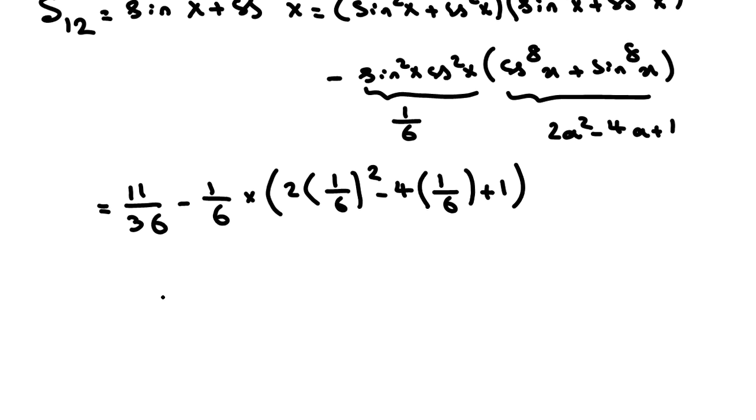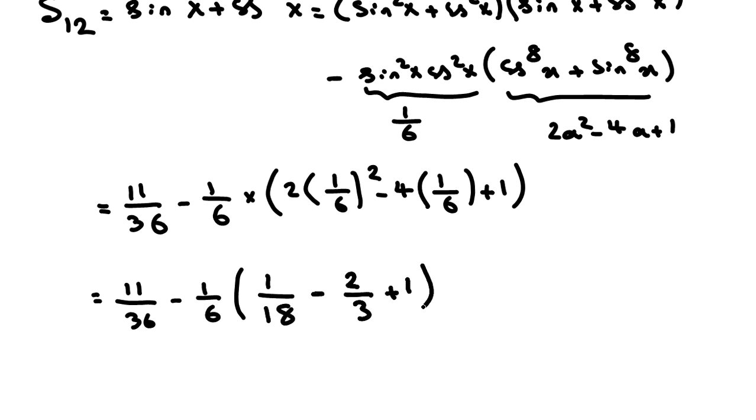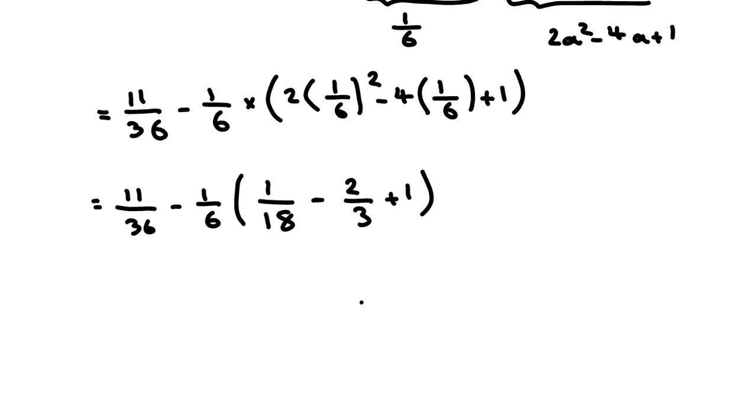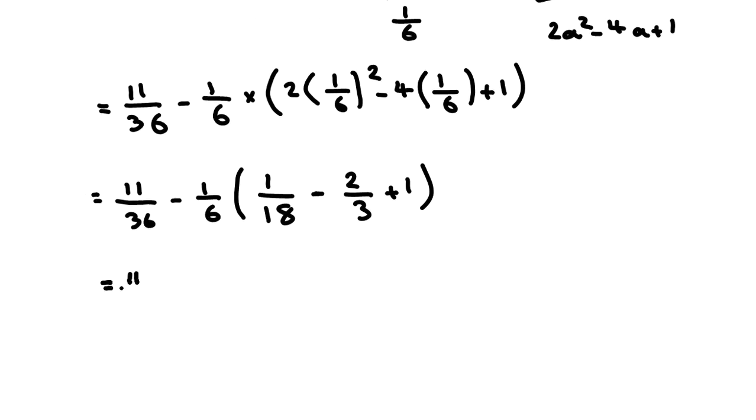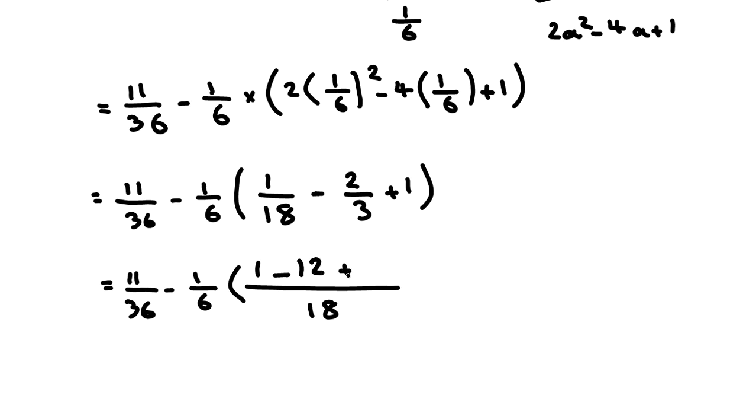So let's calculate this. 11 over 36 minus 1 over 6 times 2 over 36, which will be 1 over 18, minus 2 over 3, plus 1. If we factor from 18, it will be 1 minus 12 plus 18. Here, 18 minus 12, 6, 6 plus 1, 7.